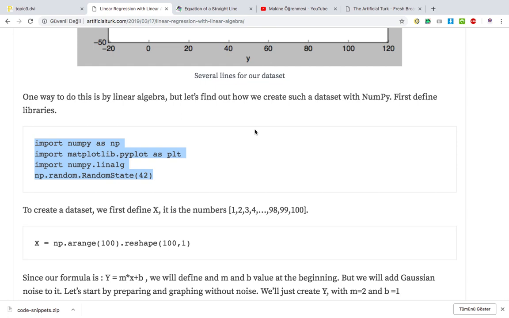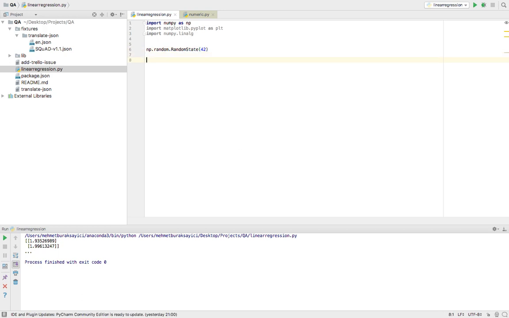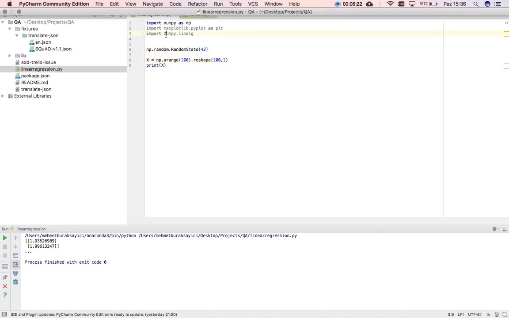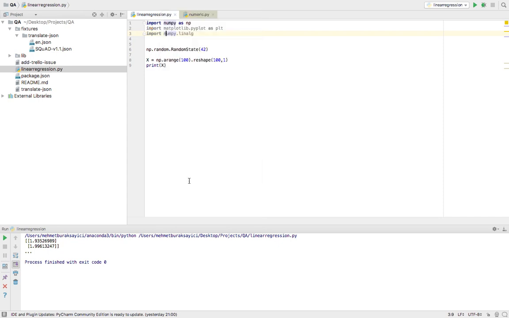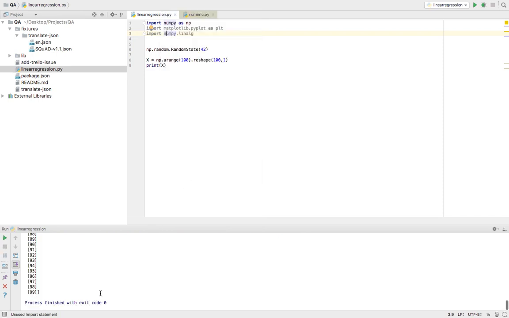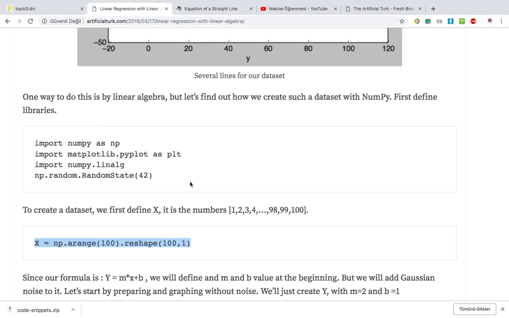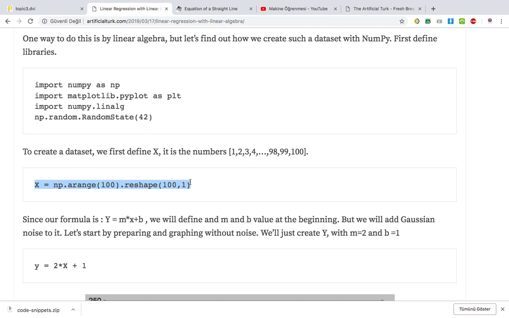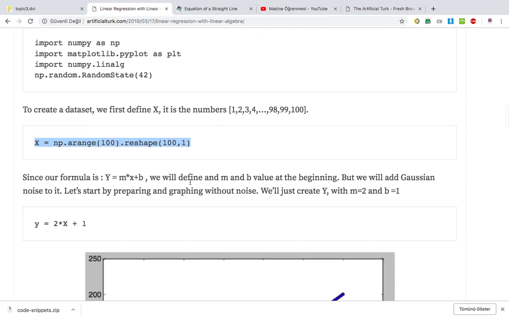So to create a dataset, we first define x that is from 1 to 100, and with that we will be having elements from 0 to 99, and also our formula is mx plus b.